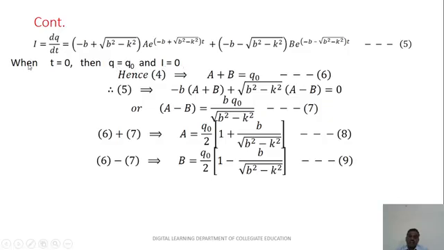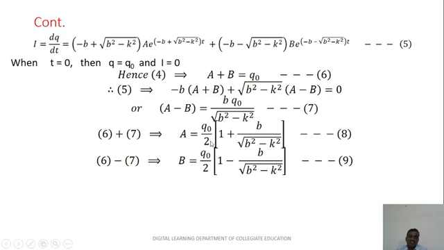If you apply this condition, the previous equation becomes A plus B is equal to q naught, and equation 5 becomes minus b into A plus B plus root of b square minus k square into A minus B, that's equal to 0. Or A minus B is equal to b into q naught divided by root of b square minus k square. So here we have two equations: A plus B is equal to q naught and A minus B is equal to b q naught divided by root of b square minus k square. If you solve these two, you will get A and B.